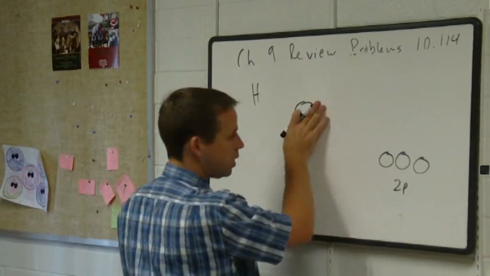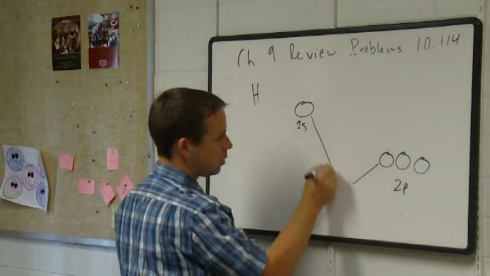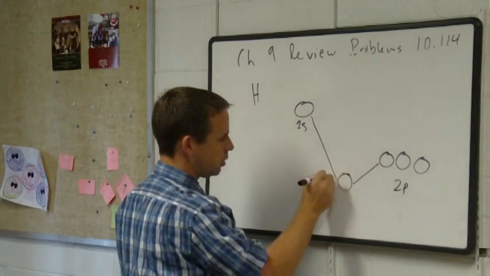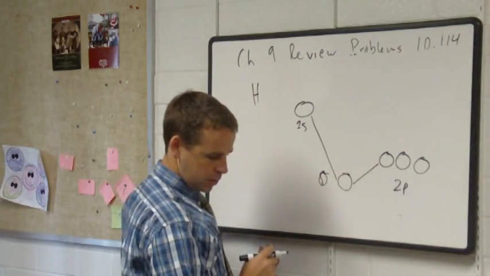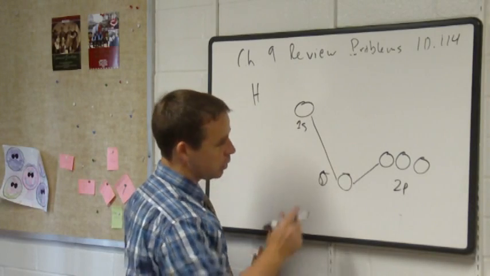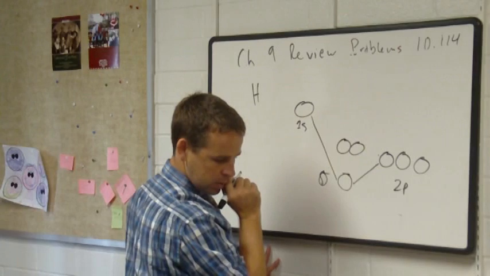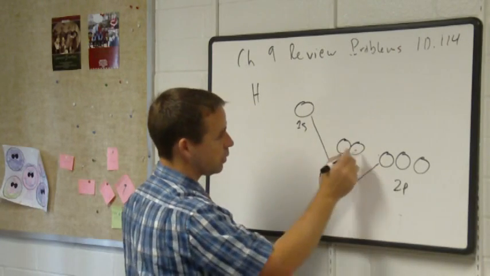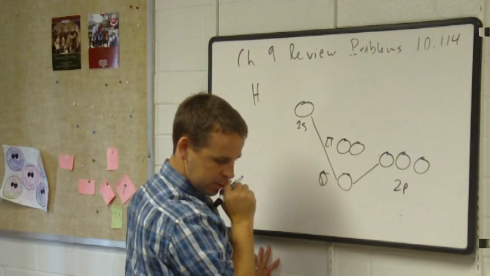So 1s is going to overlap with this one to form a sigma bond, and we're going to have left over these other two here. They're just going to be left over, and these will be pi electrons.